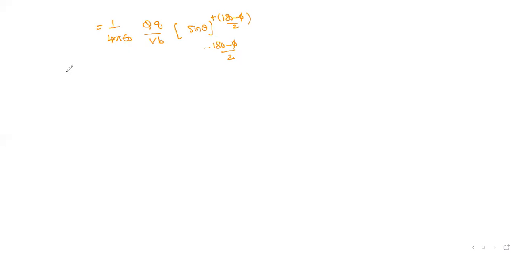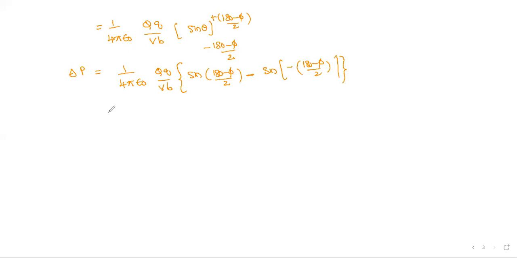So substitute here. This is what I'm calculating, delta P is equal to, I got 1 by 4 pi epsilon naught q by vb, and here first upper limit sine 180 minus phi by 2 minus sine minus 180 minus phi by 2.